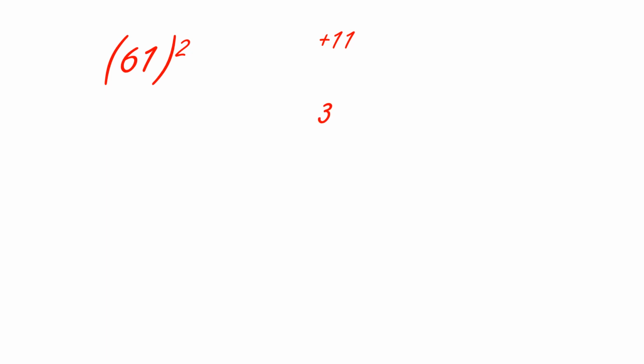Now what I have to do is add 11 to 25. So 25 plus 11 makes 36. 36 becomes the first part of my answer. And now the difference square, that is 11 square, becomes 121. That makes the second part of my answer.